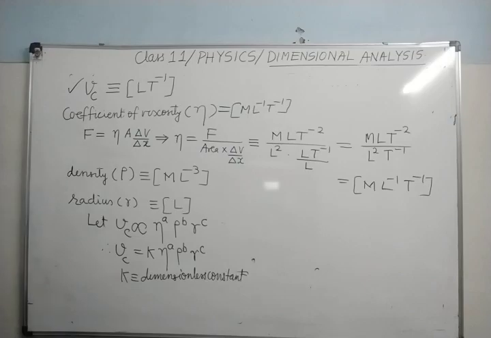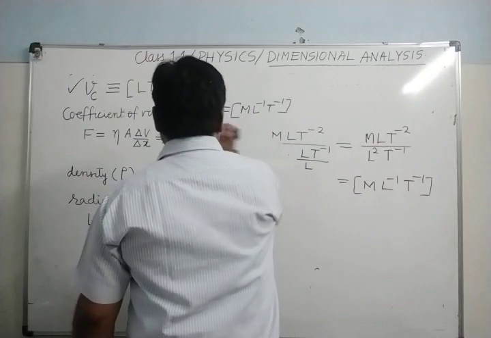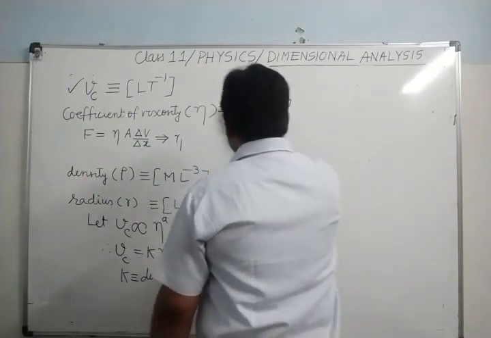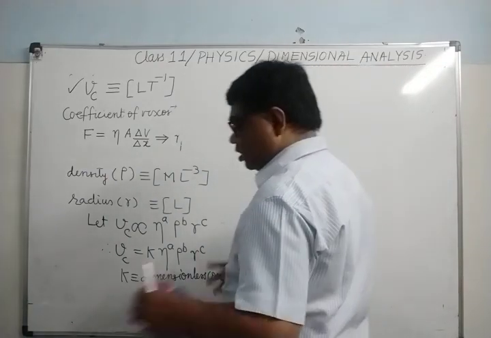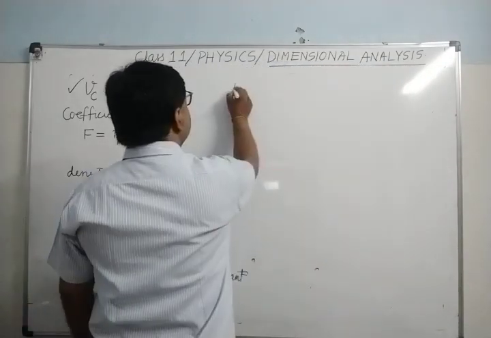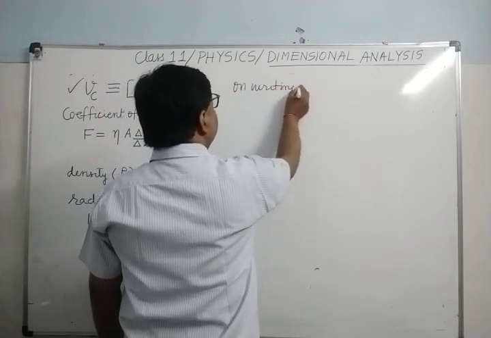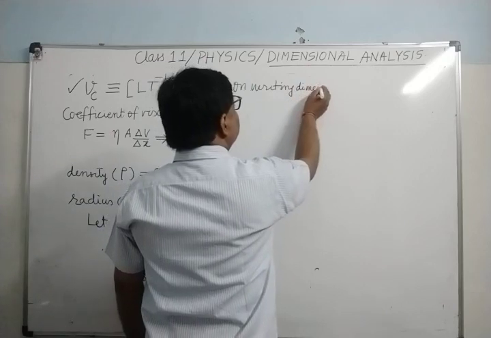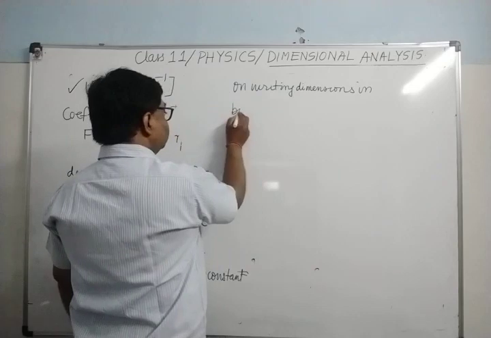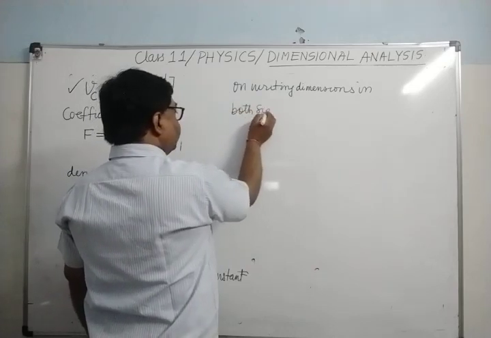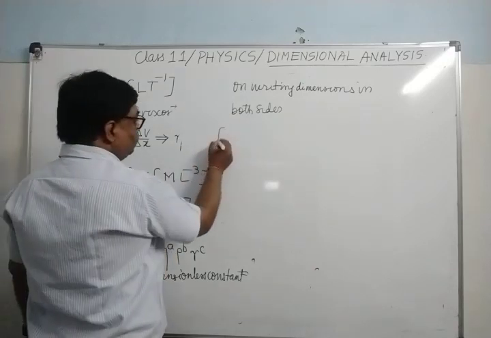It's clear? So now, on writing dimensions of all the terms, in both sides we will write the dimensions. So you can see here in place of Vc it is LT minus 1.